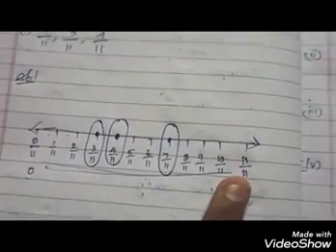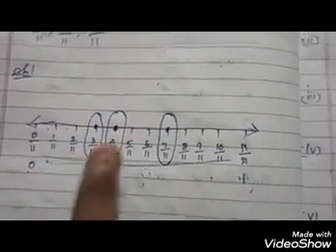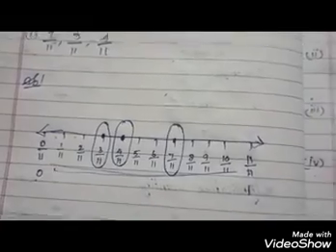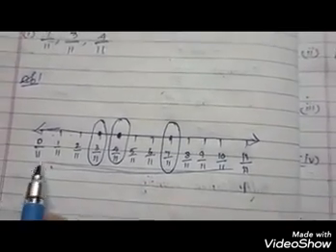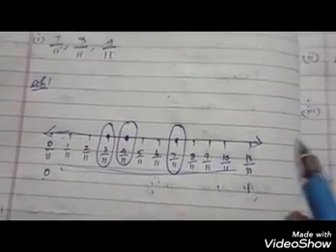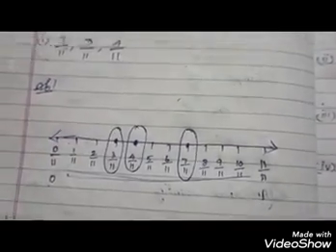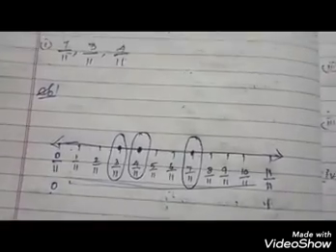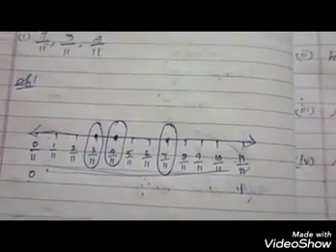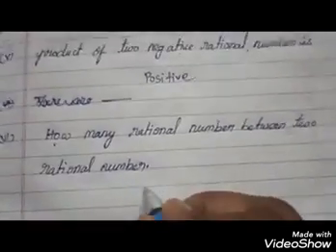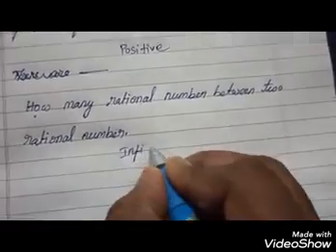I can split into 11 parts, or it can be 25 parts, so 1 by 25, 2 by 25, up to 25 by 25. If it is 100 parts, it would be 100 by 100. So the rational numbers between two rational numbers we can't count. It is infinite, it goes on. So there are infinite rational numbers.